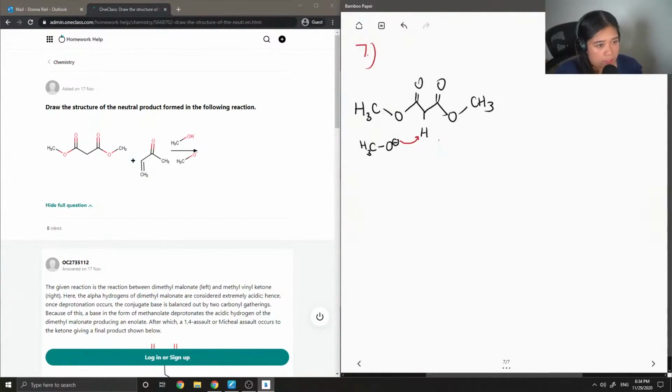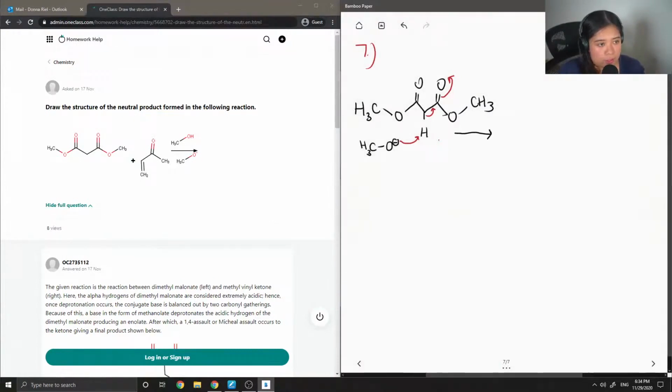Okay, so once it takes the hydrogen, the electrons move here, and then there is a negatively charged oxygen.